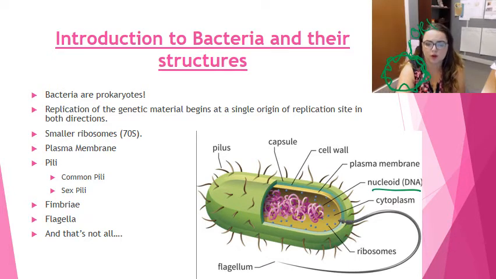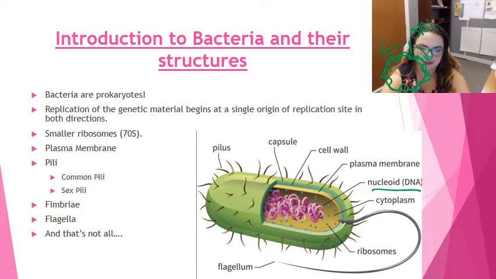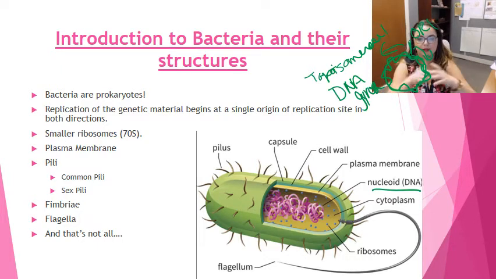Replication is going to occur bidirectionally, in a semi-conservative manner. It's going to require a couple specialized enzymes. Topoisomerase 1 is basically going to unravel the DNA, and DNA gyrase is going to ravel it back up when it's done.